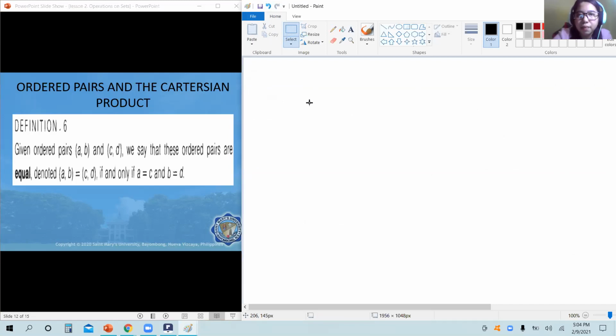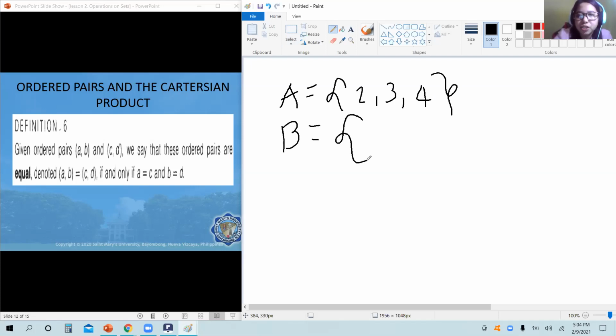Set A equal, for instance, to 2, 3, 4, and set B, where we can just rearrange it as 3, 2, 4. So we say that these sets are equal since they contain 2, 3, 4 and 3, 2, 4.